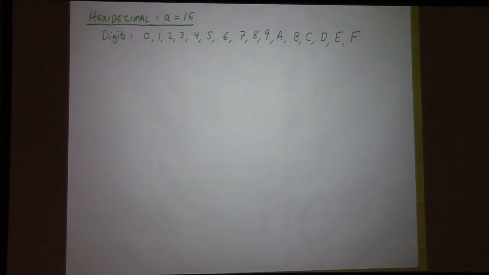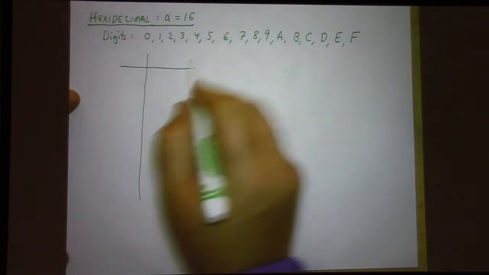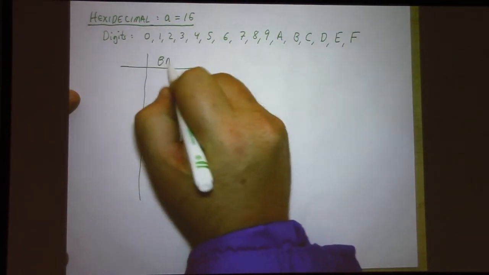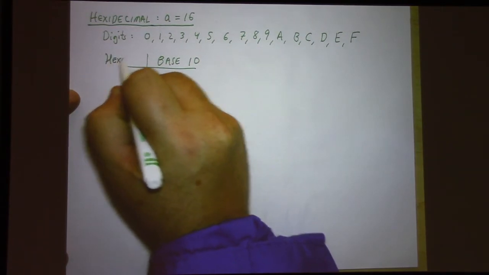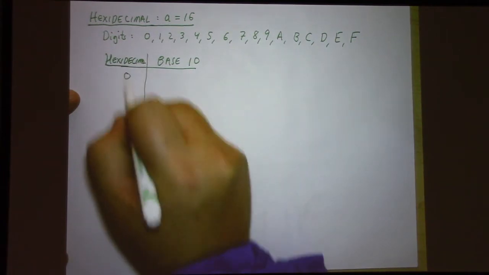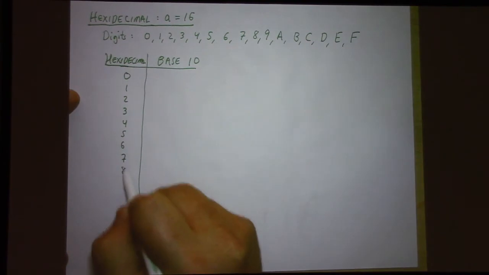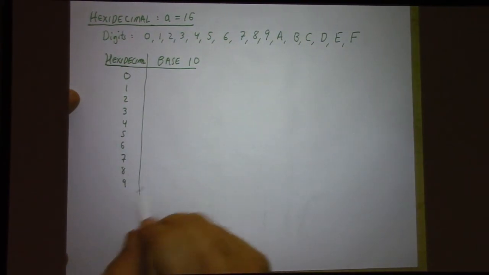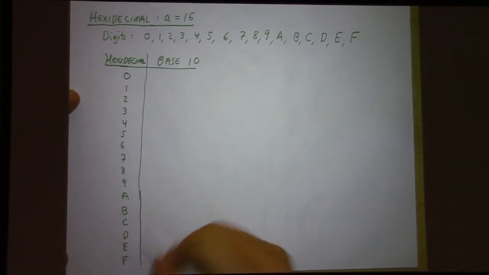So the way this works, just to give you, I should have made a table for planning on my part. So here's your base 10. Here's your hexadecimal. So we've got our 0, 1, 2, 3, 4, 5, 6, 7, 8, 9, and then A, B, C, D, E, F. All right.